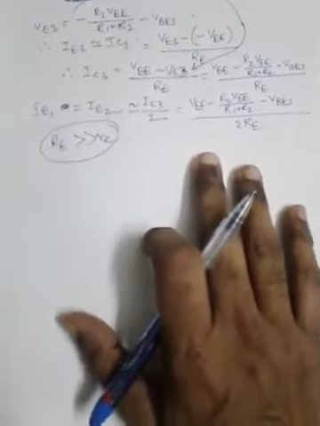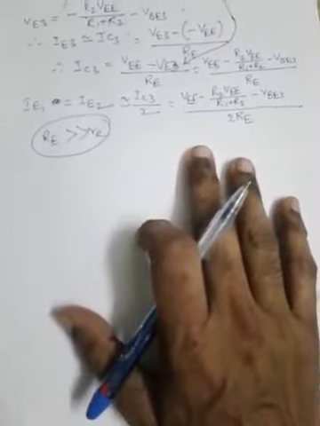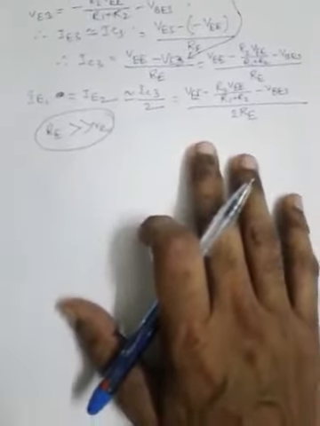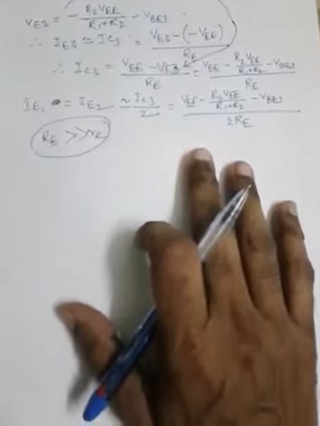So we can say, irrespective of the bias which is being used for this dual input balanced output configuration, whether it is emitter bias or a constant current bias, all the performance equations of voltage gain, input resistance and output resistance will be the same. The expressions will remain the same.